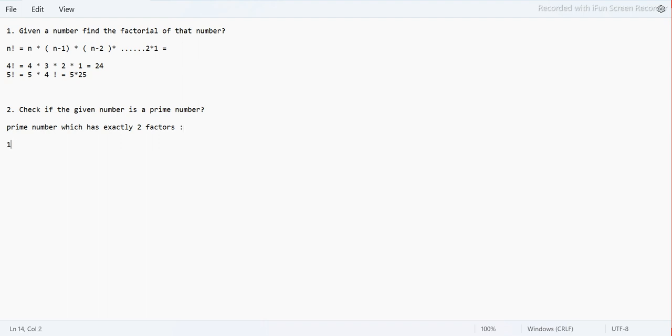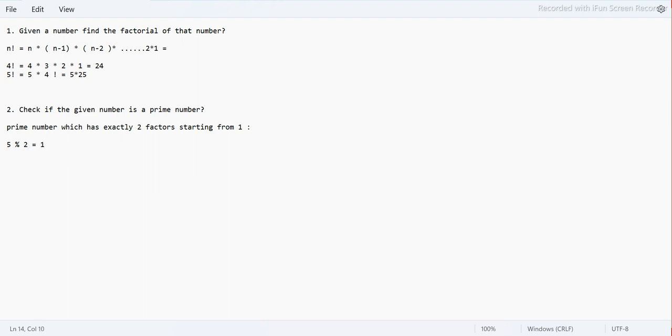So when I say 1, does it have two factors? No. What does factor mean, guys, right? A factor is basically when you take the modulo, the remainder should be 0, right? So for example, 5 modulo 2, what is the remainder?